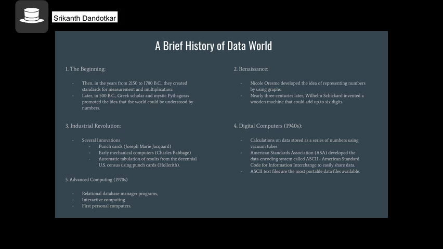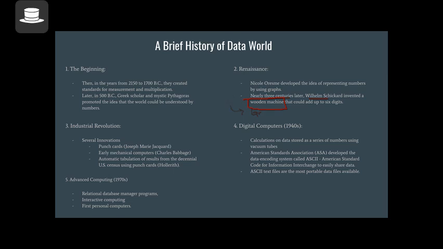So, according to the book, if you look at the brief history of the data world, the beginning was all about numbers. Then, during the Renaissance, Nicole Orsame, if I pronounce it correctly, developed the idea of representing these numbers in the form of graphs. And later on, Wilhelm invented a machine that could add up to 6 digits.